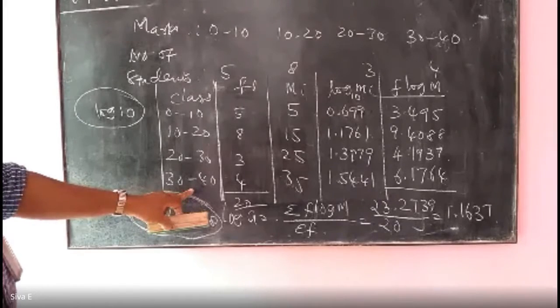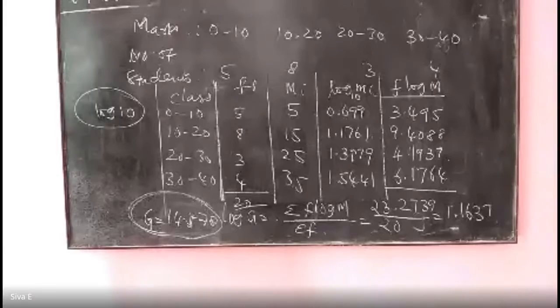In case of inclusive type data, first we change it to exclusive data, and then find the midpoint.